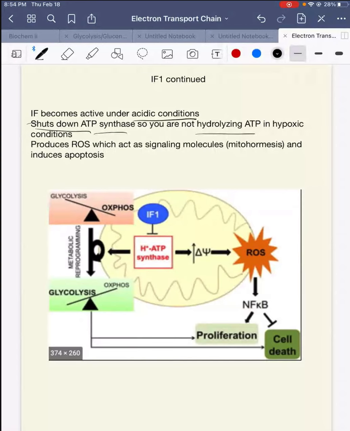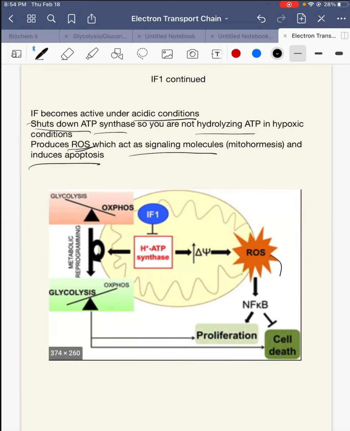And the way it does that is it produces these reactive oxygen species, which eventually can act as signaling molecules, and then this induces apoptosis in the cell, because before the cell starts hydrolyzing ATP and leading to much worse things, maybe even like cancer and stuff, the cell just goes through apoptosis. It kills itself before it causes harm to other cells in the tissue.